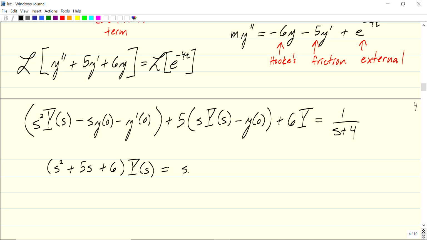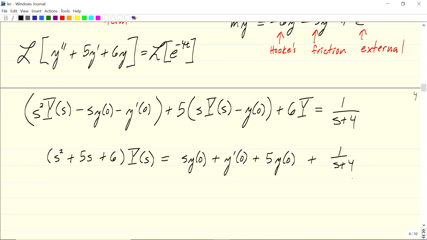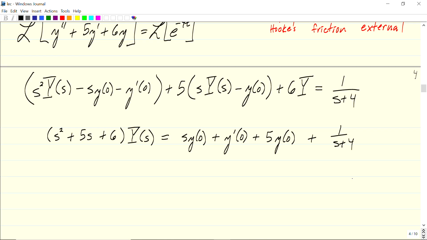I'll get s times y at 0 plus y prime at 0 plus 5 times y at 0 plus 1 over s plus 4. Oh, good, I'm running out of time. You can plug in the initial conditions.